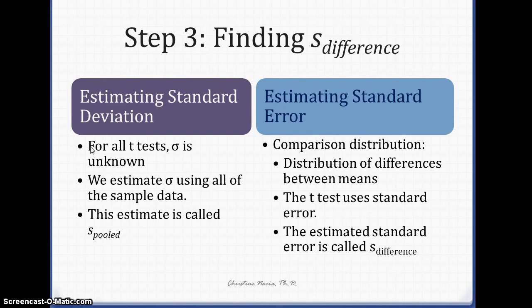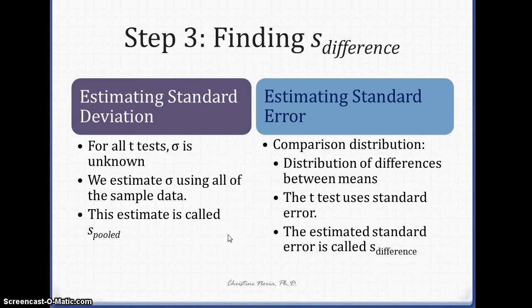In our case, because we have two different samples, we'd like to use the information in both samples to figure out what the variability is and use that estimate of the variability in the population. Again, remembering that if the null hypothesis were true, then we would use that single estimate of the variability in the population. And then we use that to estimate standard error, which is the second part.